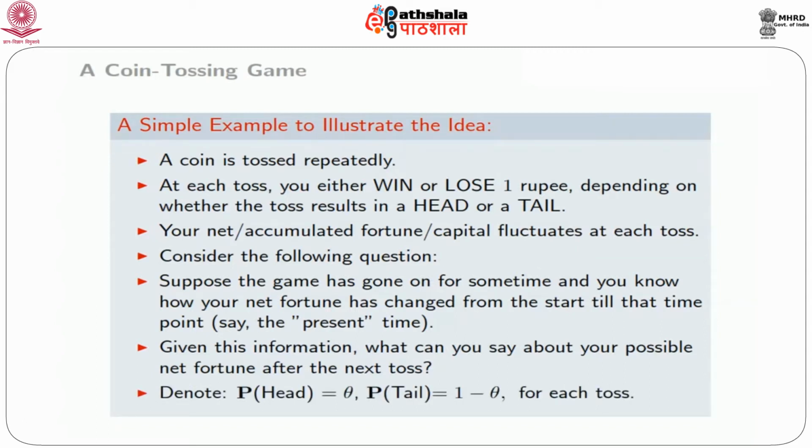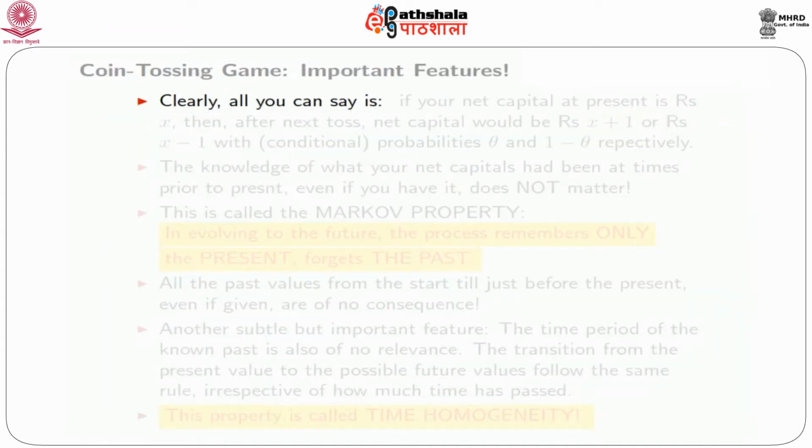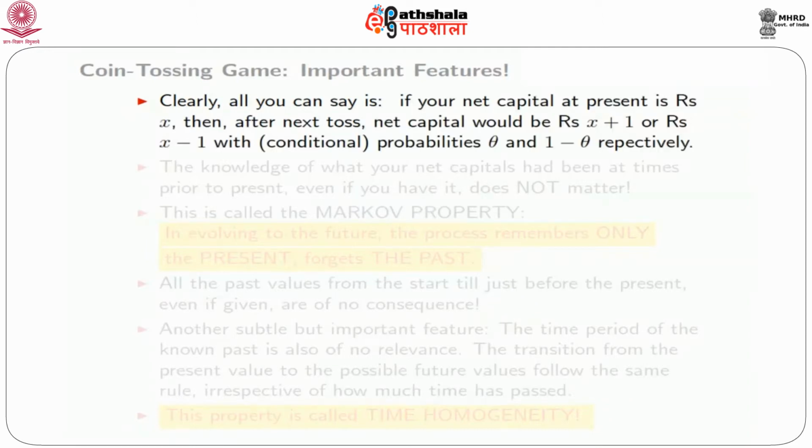Well, let's denote for each toss the head probability to be theta, which is of course 1 minus the probability of tail. So what can you say? Well, clearly all you can say is, if your net capital at present is rupees X, then after the next toss, the net capital would be rupees X plus 1 or rupees X minus 1 with conditional probabilities theta and 1 minus theta respectively, because remember, it's conditional on the entire history that you know.